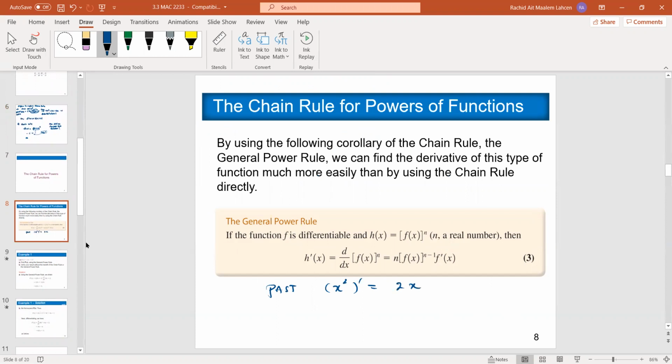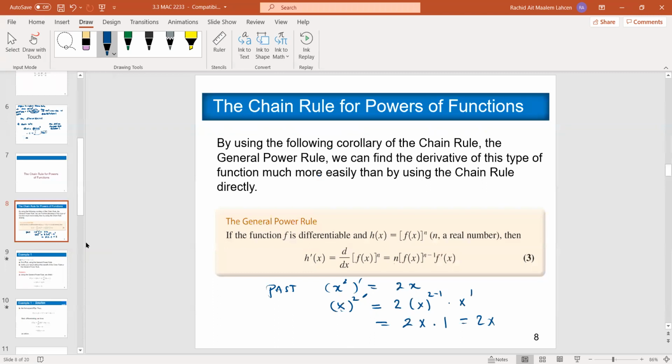So now it's no longer that way, because we have to generalize this formula. So you see n, so we do it the other way. We say this is x squared, and the prime is going to be n, which is a 2, times x to the 2 minus 1, times the f prime, which is the x prime. So that's how this was done in the first place.